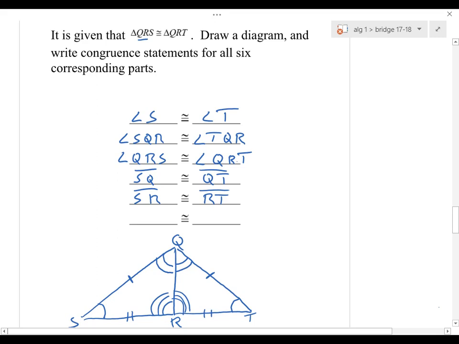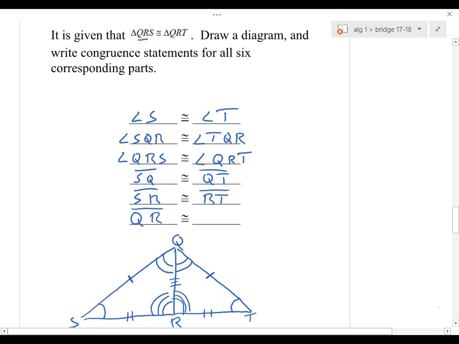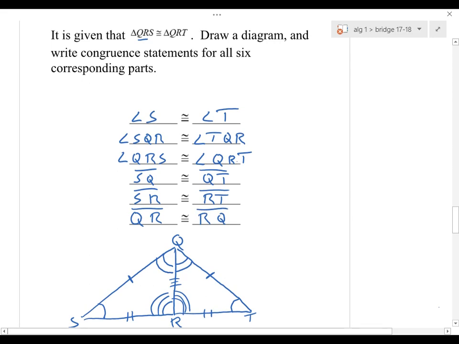And we have a shared side of QR. I'm just going to put 3 tick marks there showing that that is congruent. So QR is congruent to RQ, or you can also use QR, it doesn't matter.